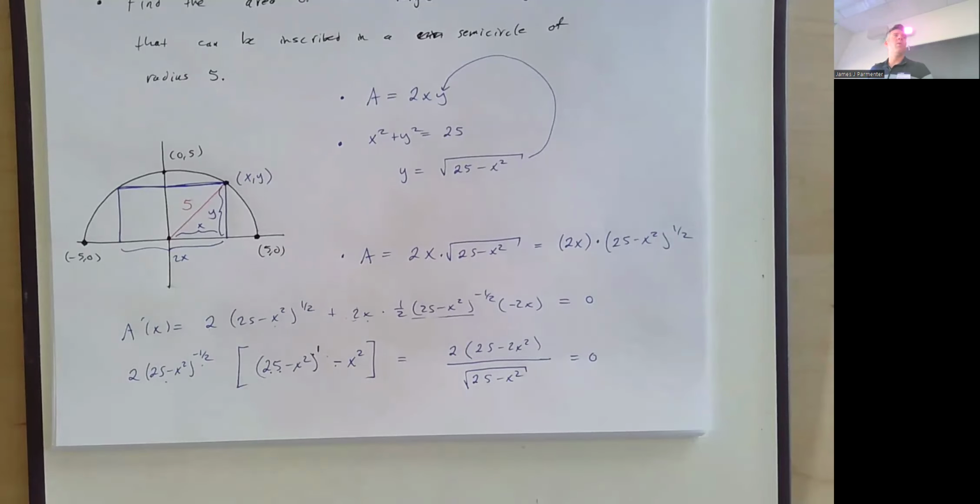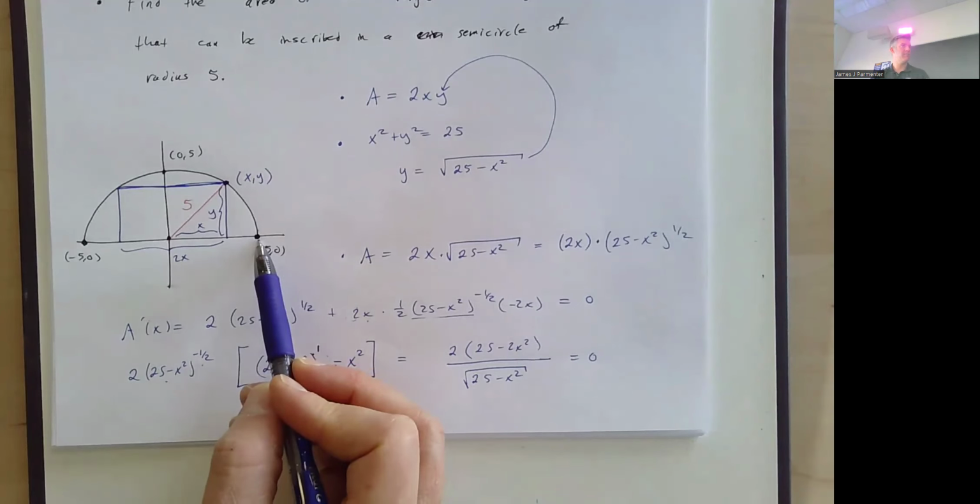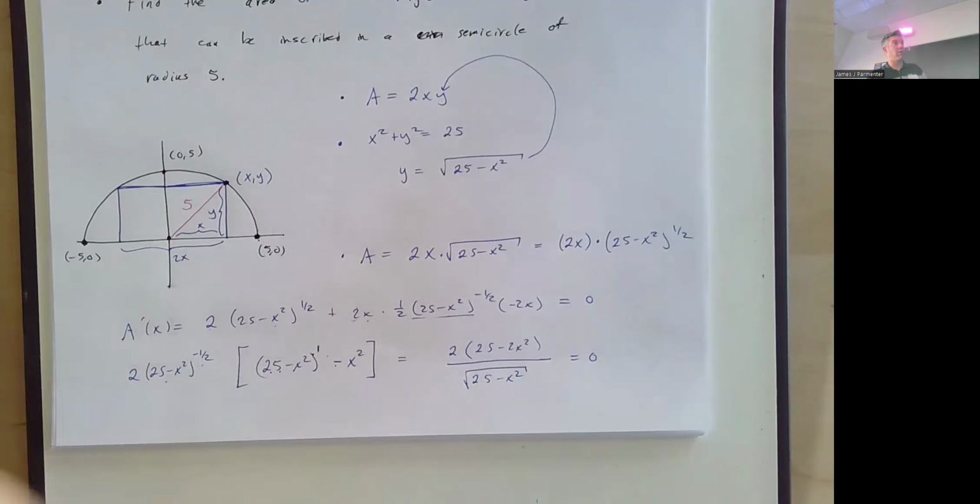So what are the two values of x that make this expression undefined? Well, if x was 5 or negative 5, you would have division by 0. But I think you can see that if x was equal to 5, your rectangle would be flat, right? There'd be no area. So clearly x equal to 5 is not the thing we're looking for.